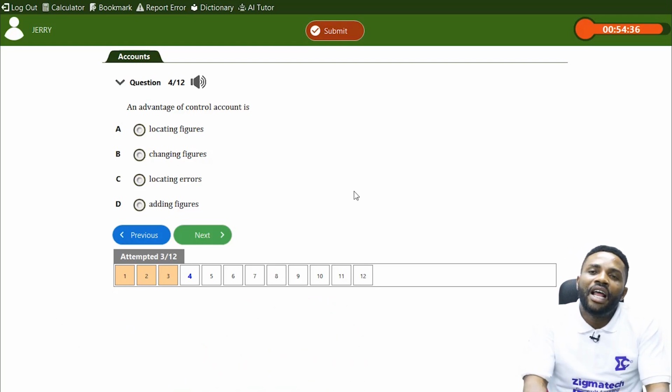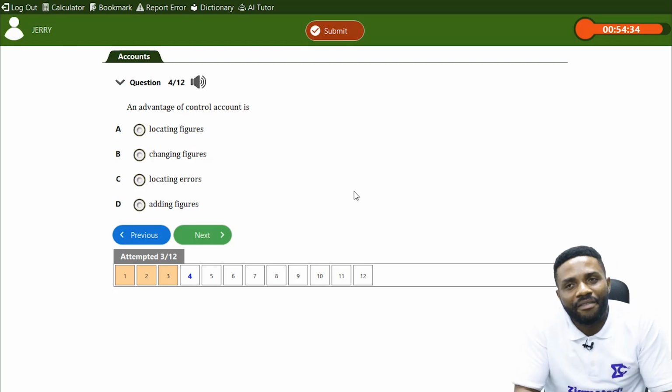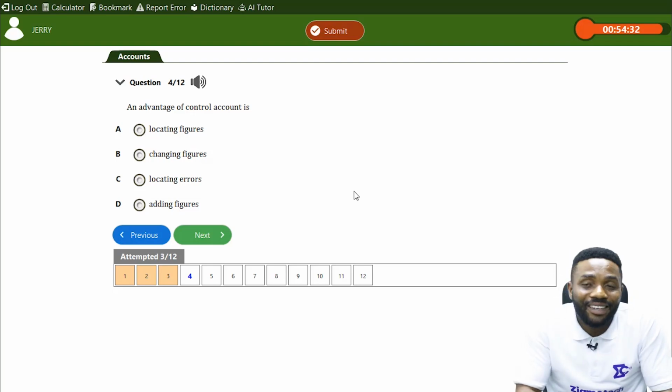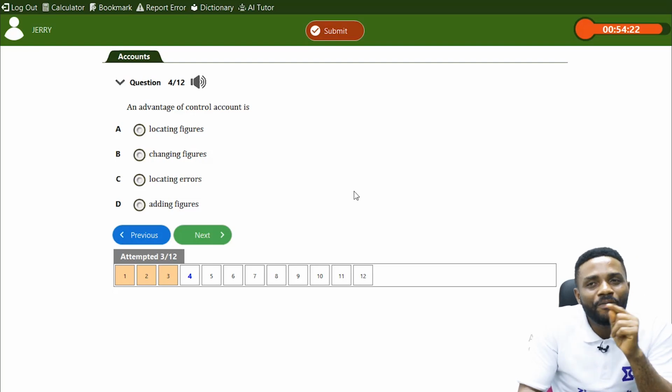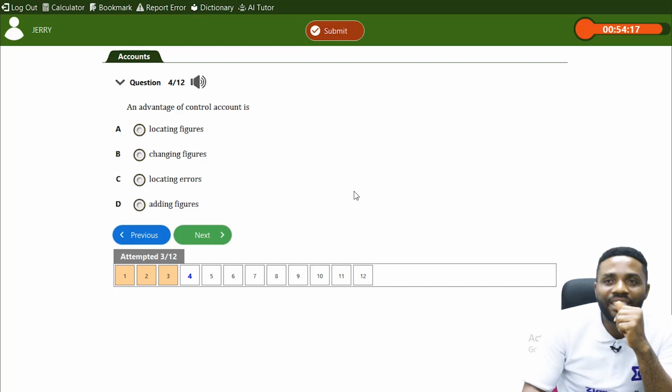You see, this is where proficiency in English is very, very important. You need to understand terminologies. At this point, a student who does not understand the difference between missing figures and detecting missing figures and locating figures may think that the answer is A.